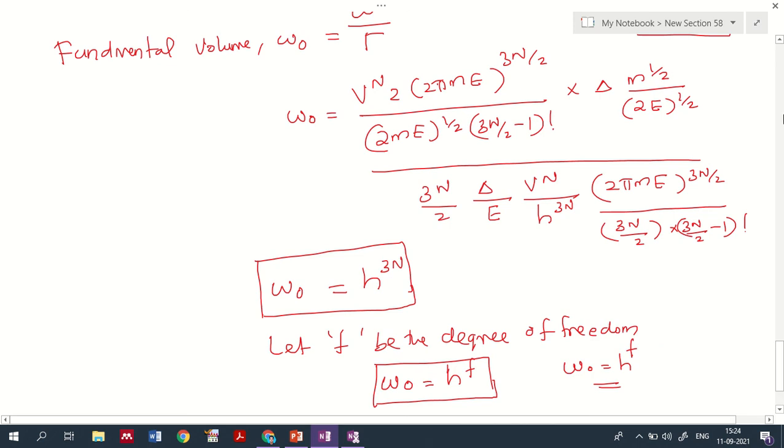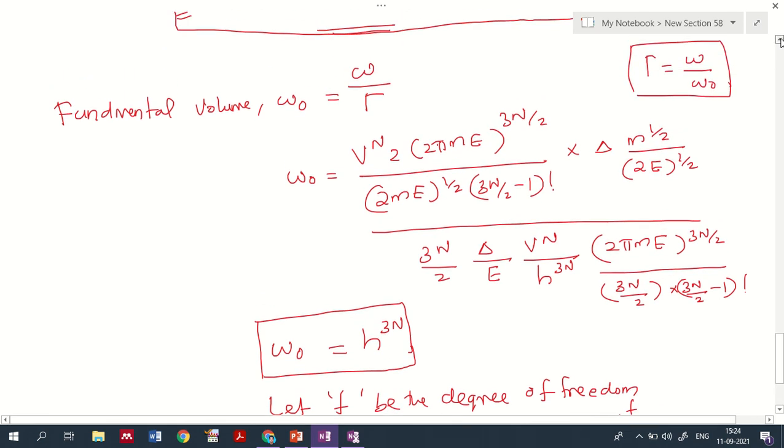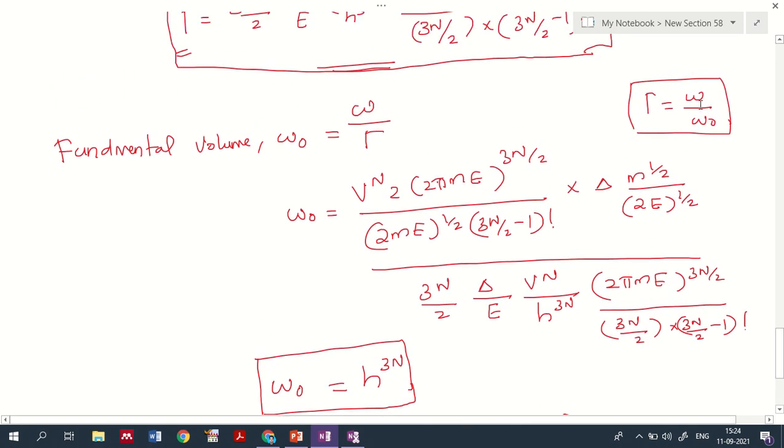Once you get gamma, we studied in the last class the relation between the fundamental volume and the volume of the momentum space, that is gamma equals omega by omega 0. From that, the volume of a single microstate is omega 0 equals omega by gamma.